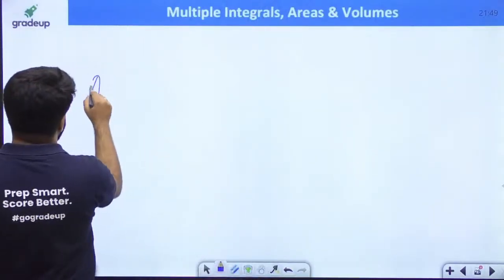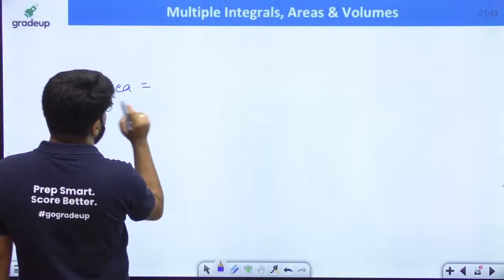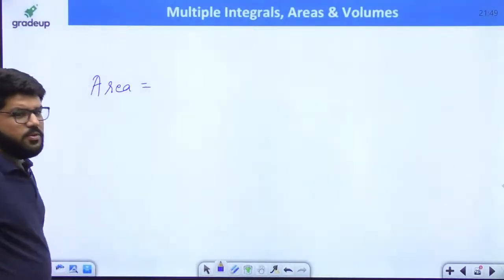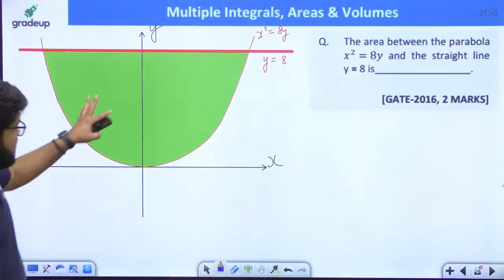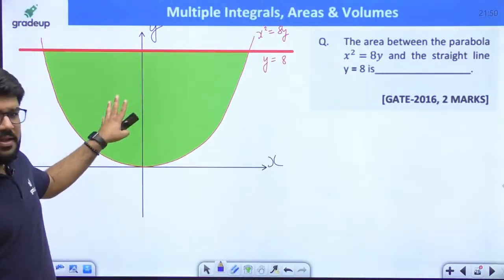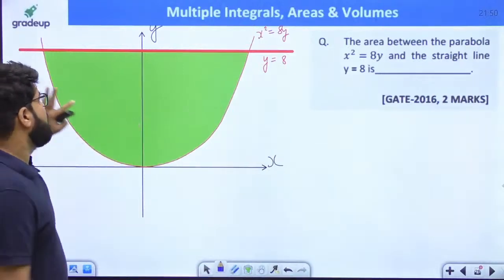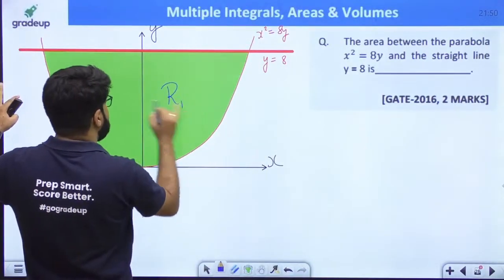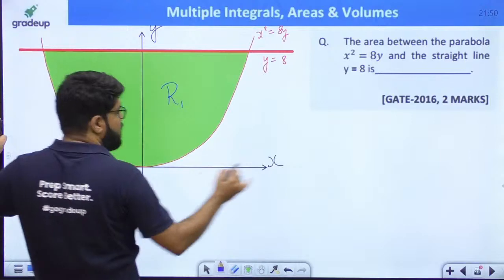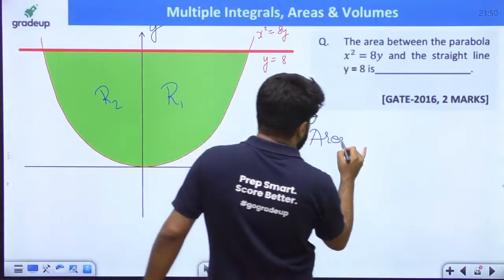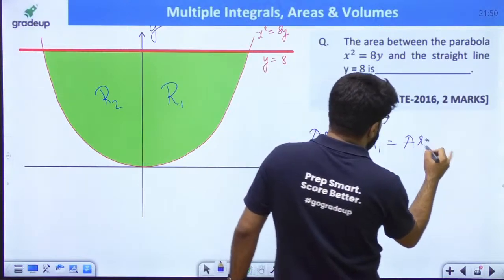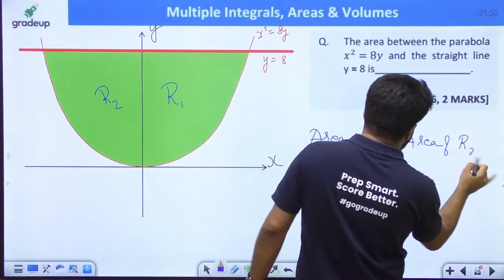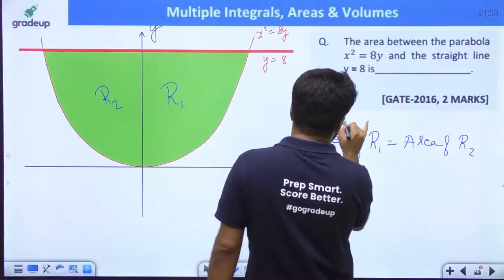So the area will be equal to what? We will do one thing to make this simple. One more thing we can do, because this picture is even symmetric. Suppose this is the region R1, this is the region R2. By symmetry, area of R1 equal to area of R2.